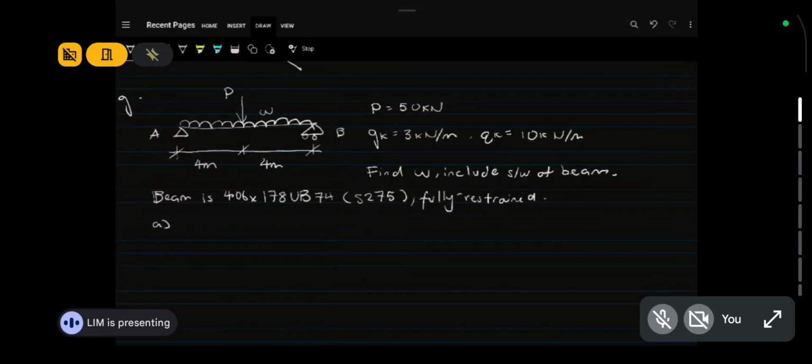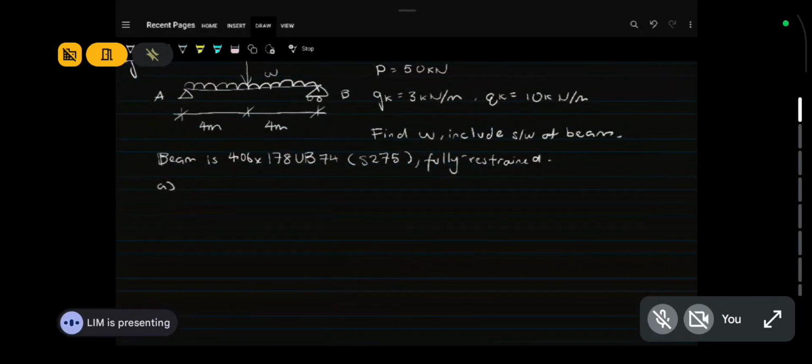Okay, so your first task is to sketch the shear force diagram and bending moment diagram. Let's do this together.